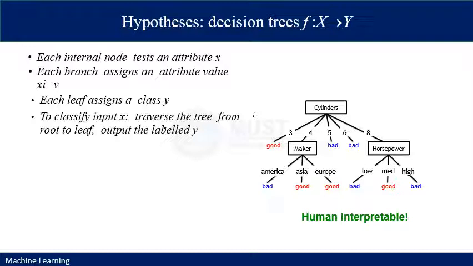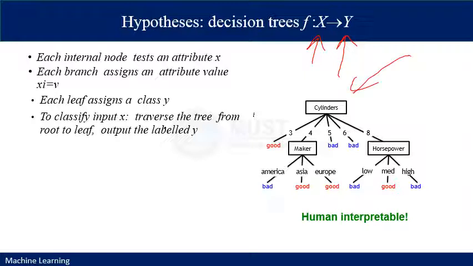So what is the hypothesis here? Again, the hypothesis is the decision tree which correctly maps the input example to the output labels. However, here each internal node tests an attribute X, and each branch assigns an attribute value X_i equal to v.